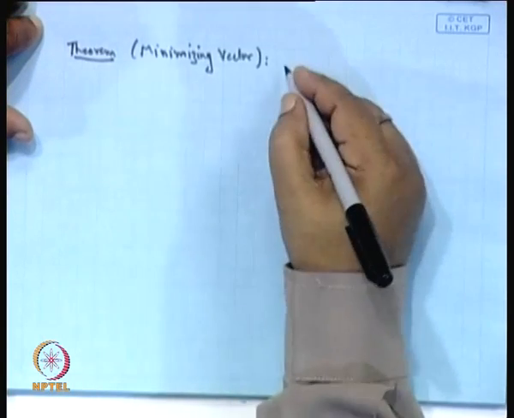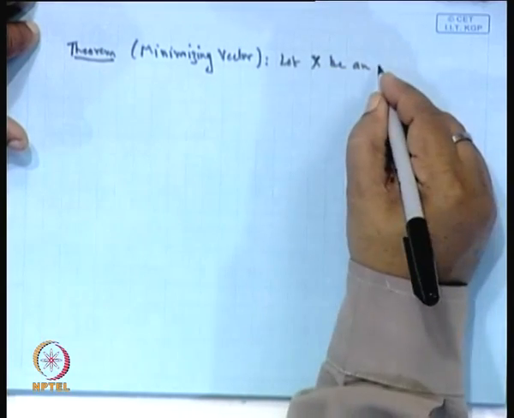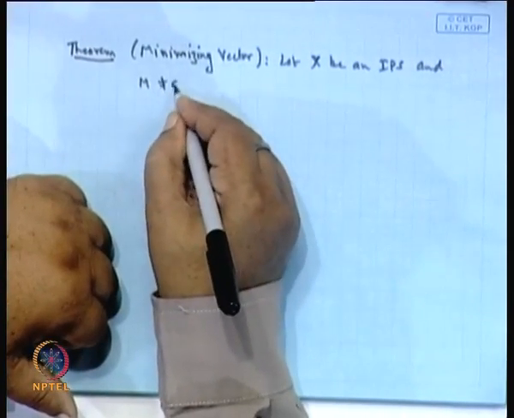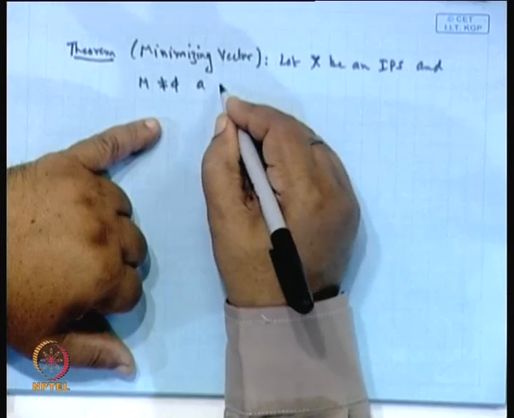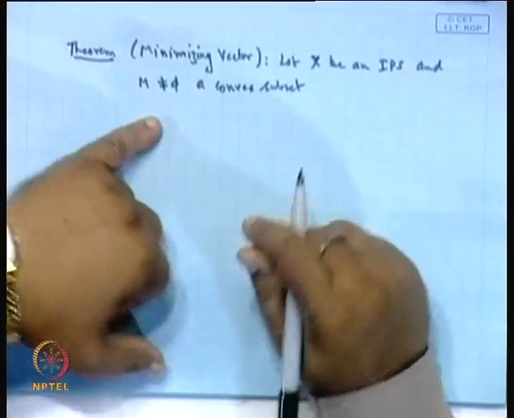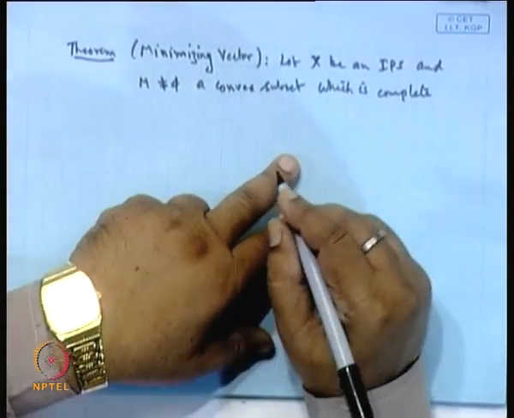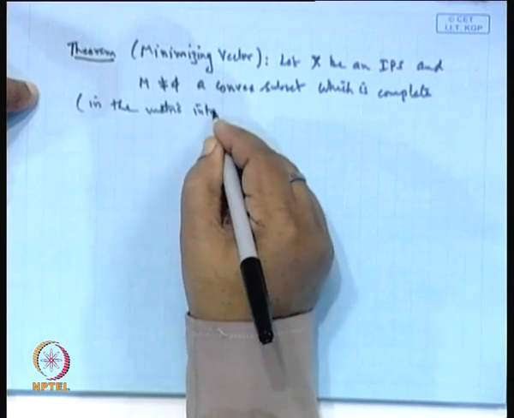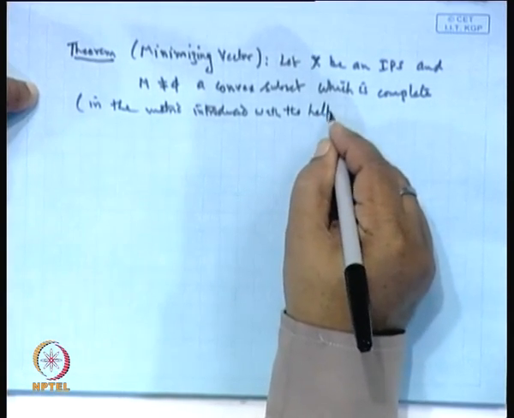Let X be an inner product space and M a non-empty convex subset which is complete, complete in the metric introduced or obtained with the help of the inner product.